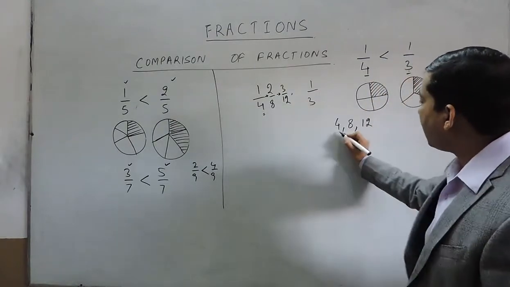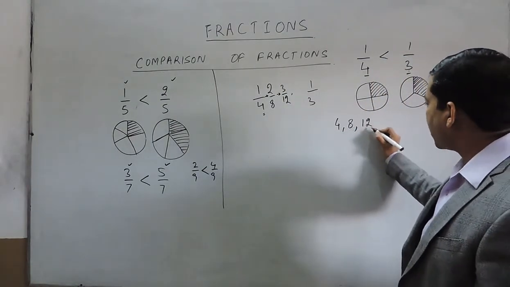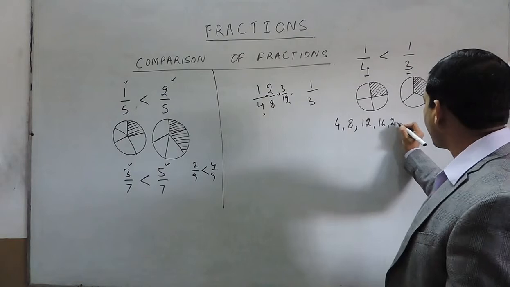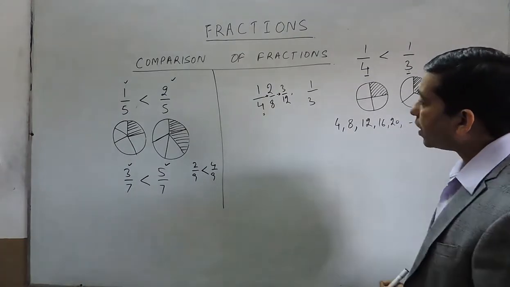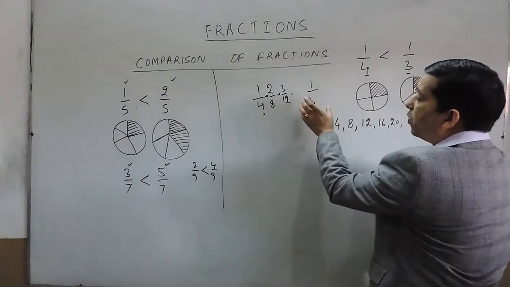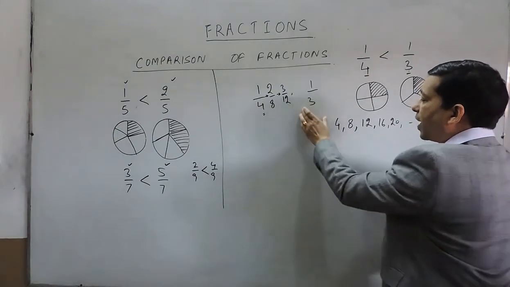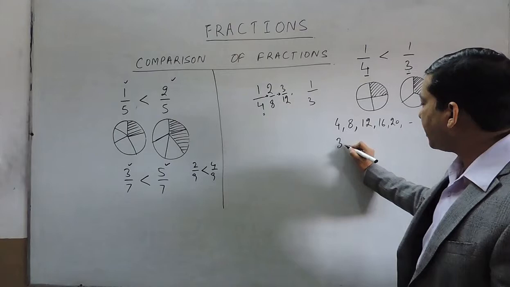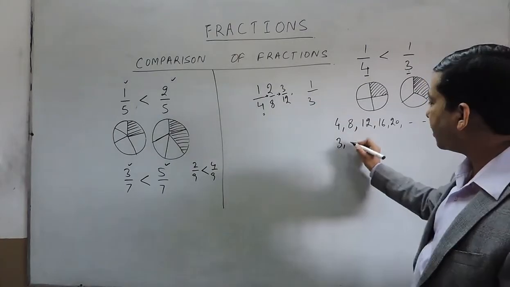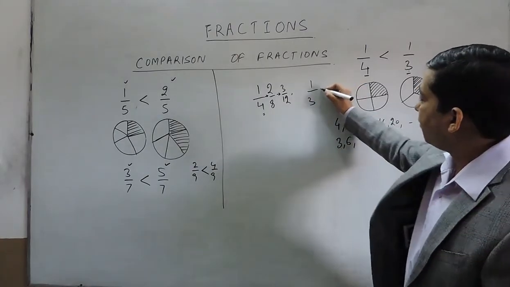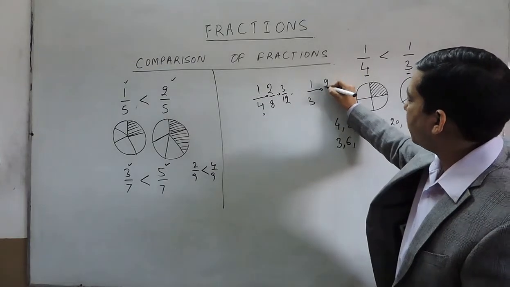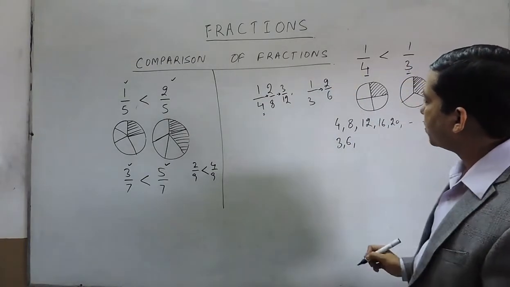So the denominator can be 4, 8, 12, 16, 20 and so on. In the same way, if we look at the equivalent fractions of 1 upon 3, the denominator can be 3 as already here. It can be 6: if we multiply the numerator and denominator both by 2, it becomes 2 upon 6.